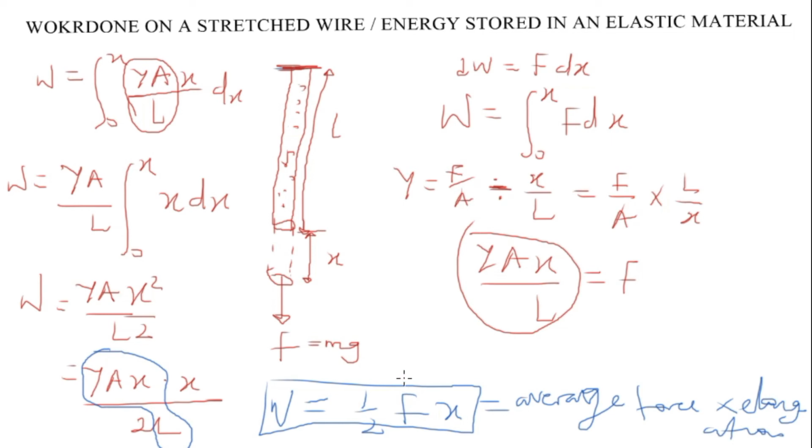Note that this F is also equal to KE according to Hooke's law. It means that W is equal to half K. In this case, instead of using E, I'll use X, since E and X are the same, it means the extension. But in my case, I use X. So I will have half KX squared.